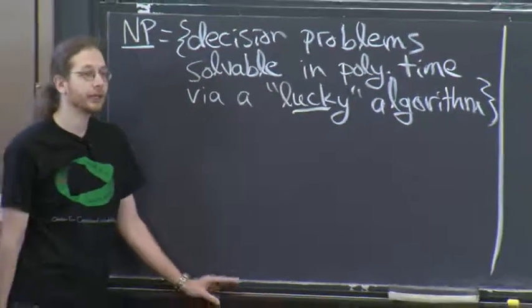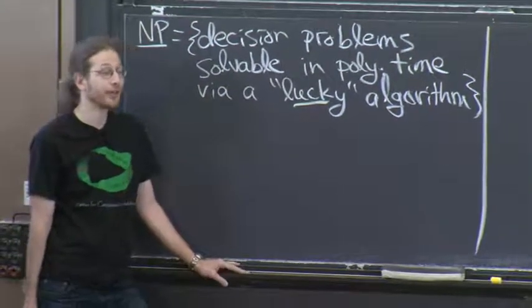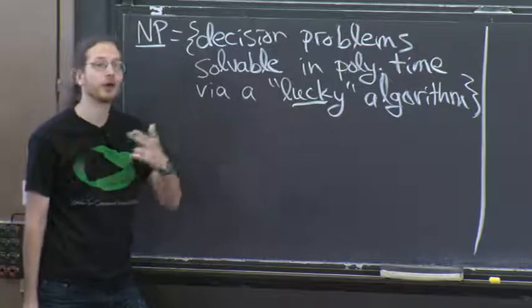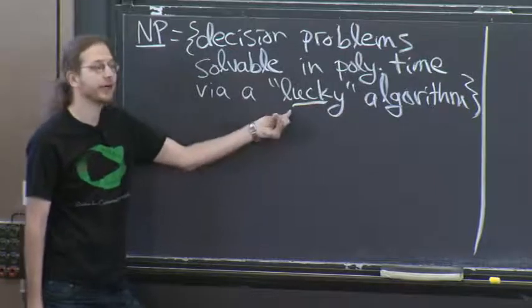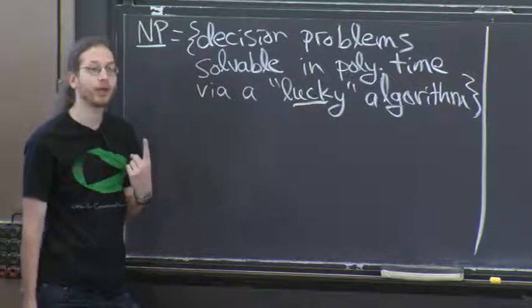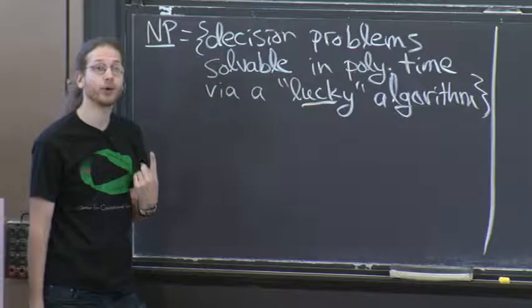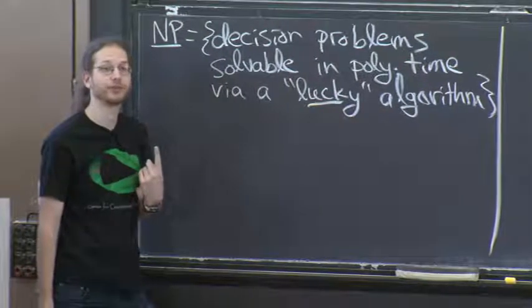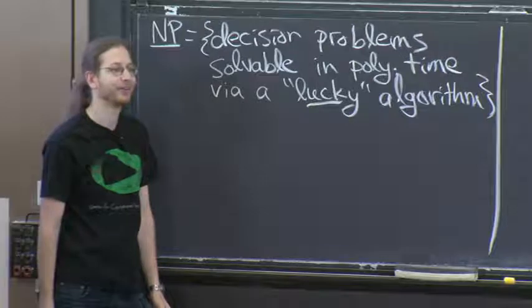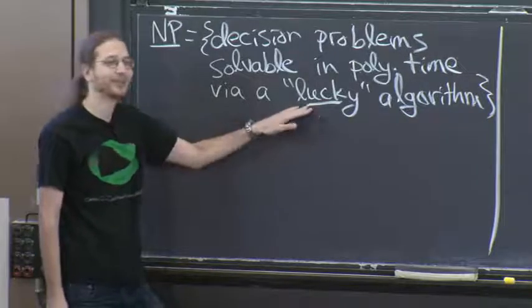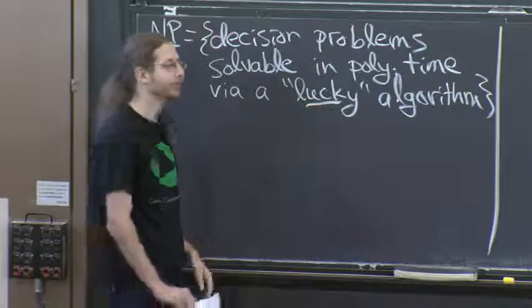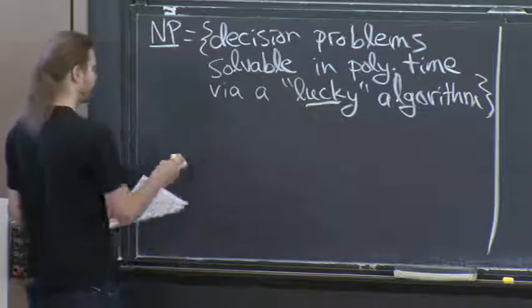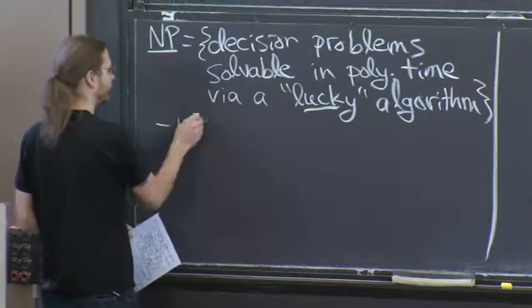But unlike the way that we've been making guesses with dynamic programming, where we had to guess something and we tried all the possibilities, a lucky algorithm just needs to try one possibility. Because it's really lucky, it always guesses the right choice. It's like magic. This is not a realistic model of computation, but it is a model of computation called the non-deterministic model.